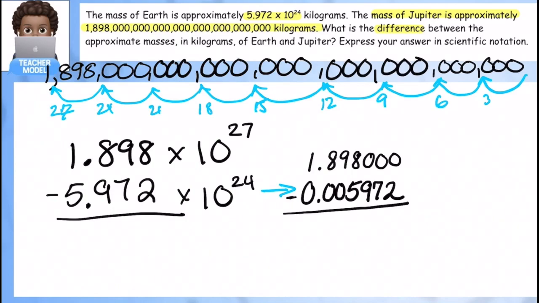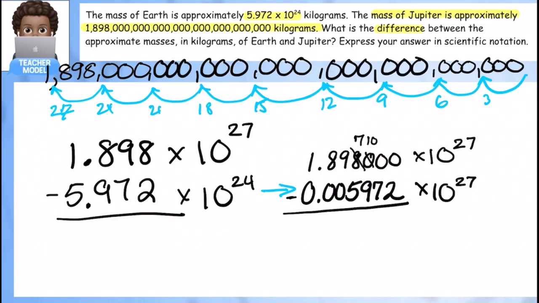Let's do my subtraction now. I'm going to use a trade first method. Times 10 to the 27th, times 10 to the 27th. Trade first means I'm going to look from the left and see if I can subtract. Yes, yes, yes, yes. Here I cannot, so I'm going to have to regroup. So this is a 10.